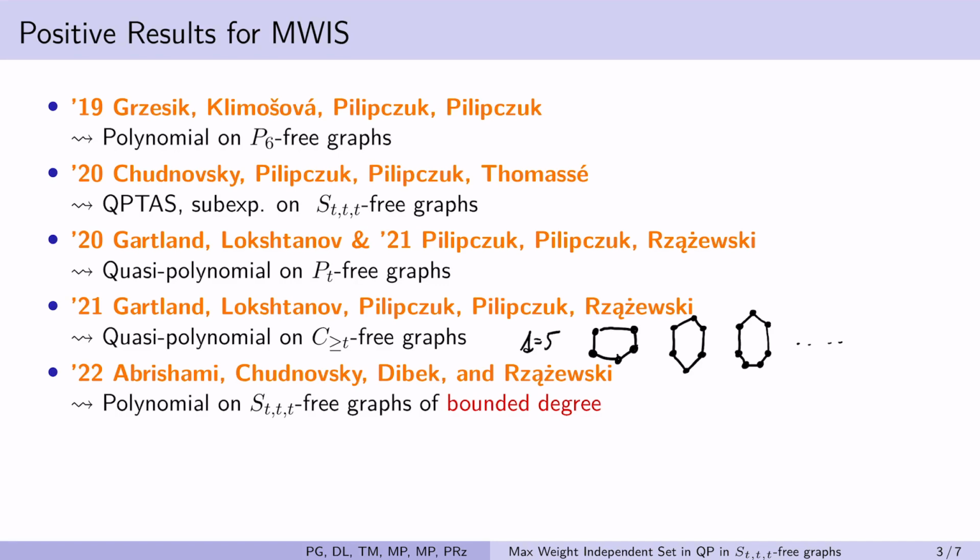This is an exception to forbidding just one graph in this talk. As well, if we return to S_{t,t,t} graphs, but we say that the input graph has bounded degree, then this can also be solved in polynomial time.